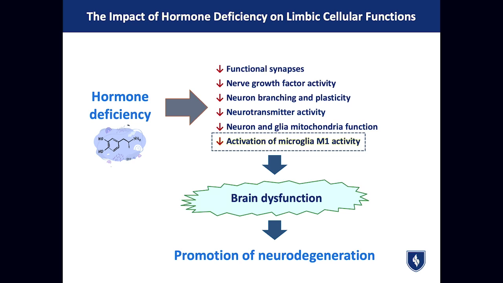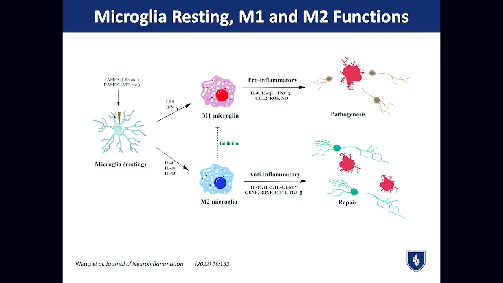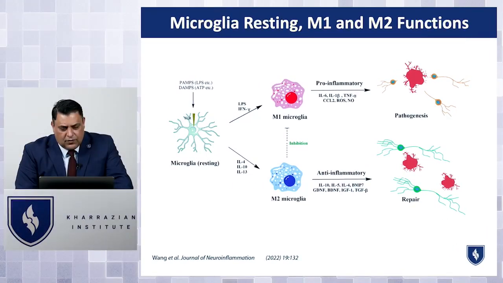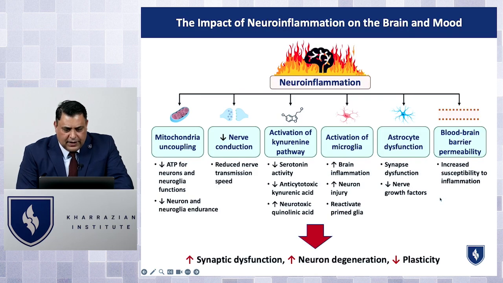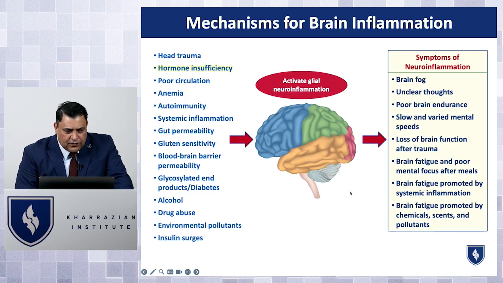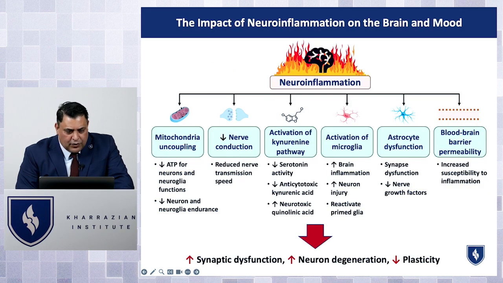These are all signs that they may have some deficits in their neuron mitochondria. And the last part of this hormone deficiency in the brain is microglial activation. When you look at microglial cells, these are the immune cells in the brain. We talked a lot about these in the neuroinflammation course. M1 pathways are pro-inflammatory, M2 pathways are anti-inflammatory. When males or females have a hormone deficiency state, this activates the glial cells into a pro-inflammatory state.